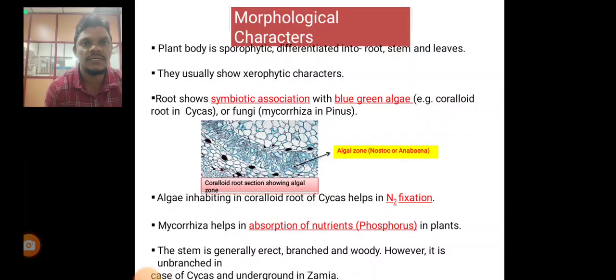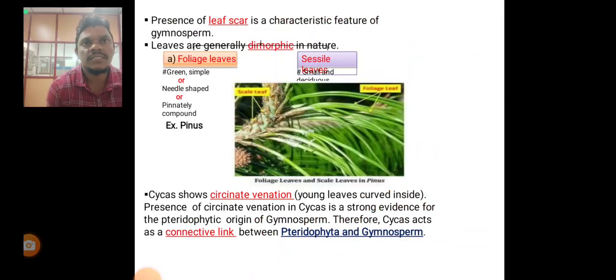The stem is generally erect, branched and woody. However, in some it is unbranched. Another feature is the presence of leaf scars, a characteristic feature of gymnosperms. The leaves are generally dimorphic: foliage leaves and scale leaves.